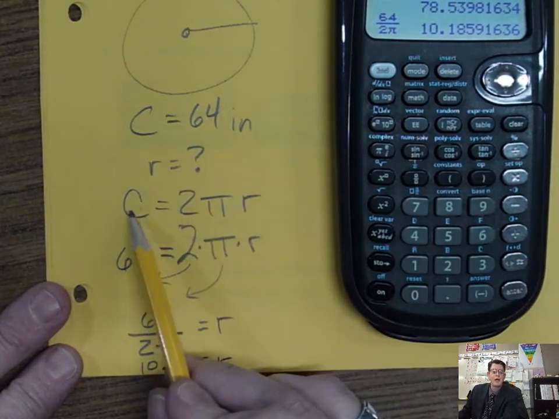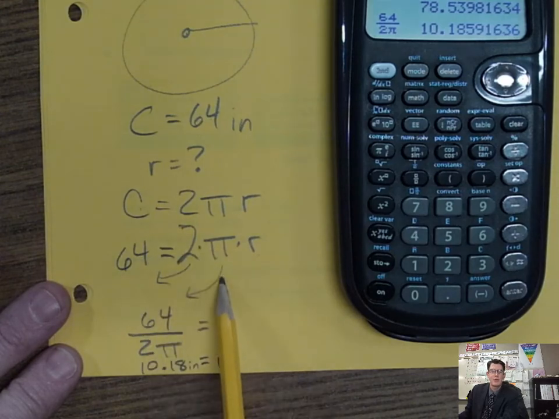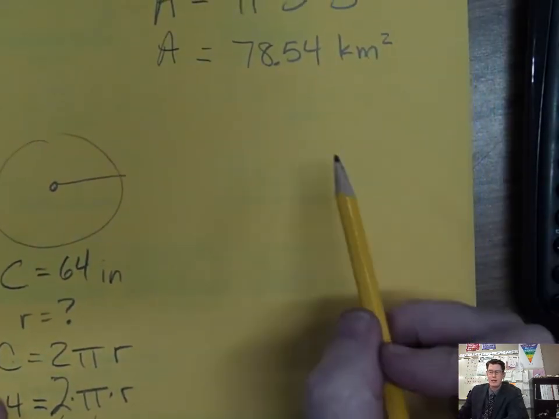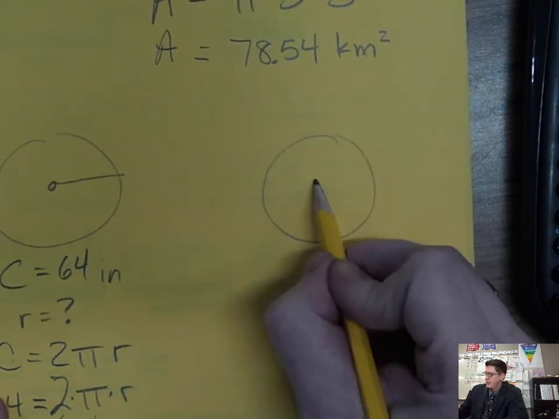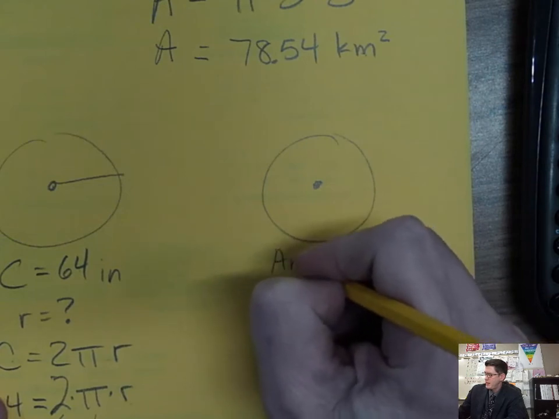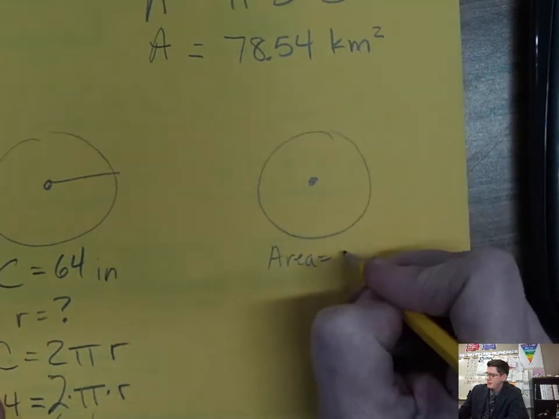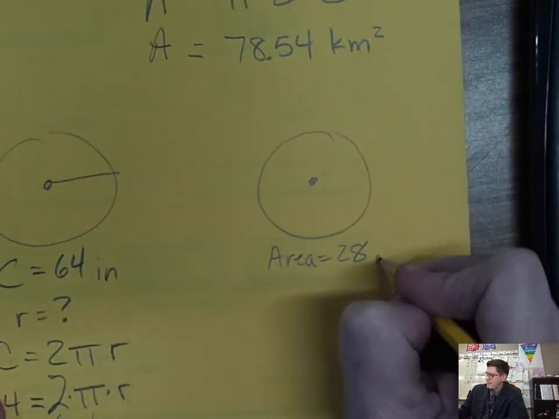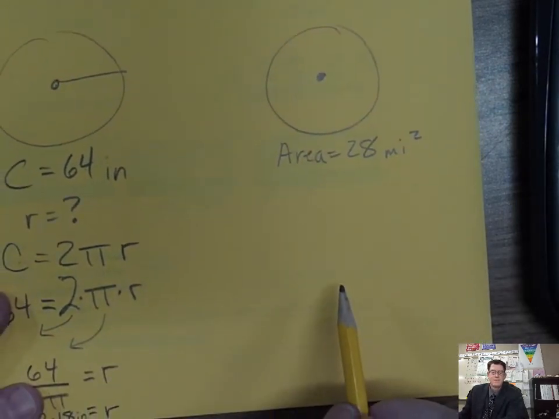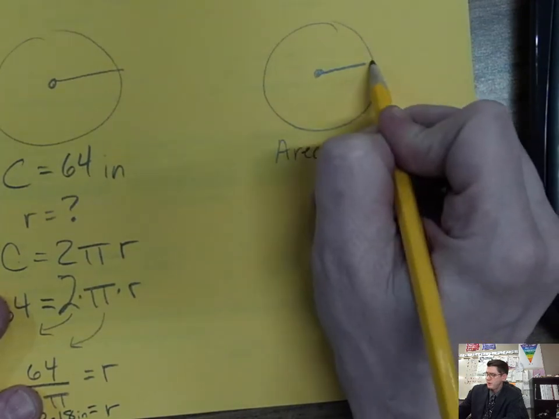You just put the numbers that you can into this formula, into this equation, and then solve for the variable. And you can do the same thing with the area. If I tell you that the area of a circle, let's say there's 28 miles squared in this circle. So what's the radius?